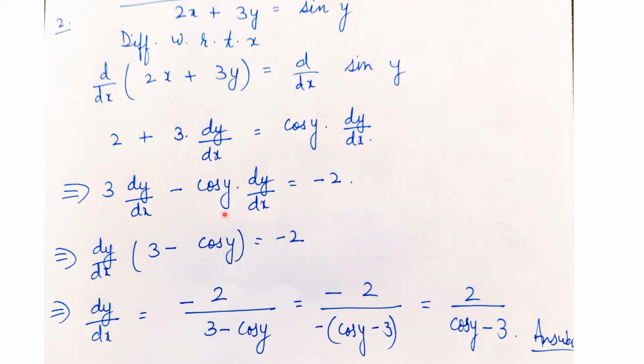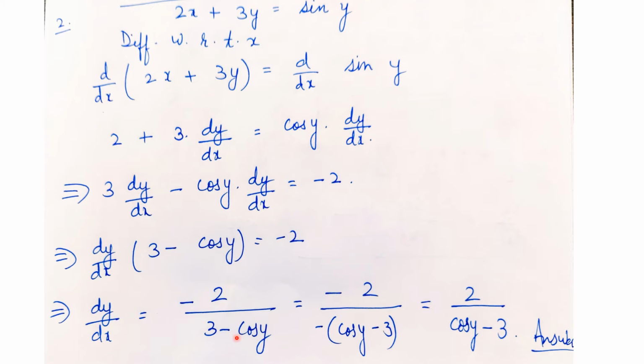Now if we take dy by dx common, bracket starts 3 minus cos y is equal to minus 2. Now you take this whole bracket towards the other side of the equation, we will get dy by dx is equal to minus 2 whole upon 3 minus cos y.